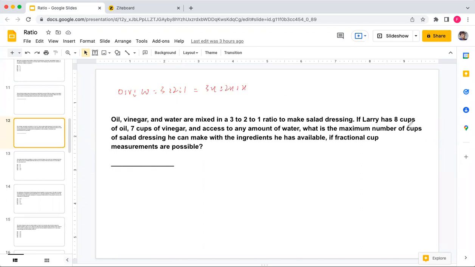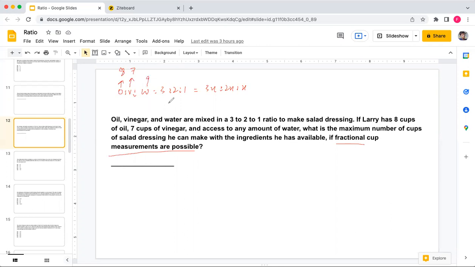If Larry has 8 cups of oil, 7 cups of vinegar, and infinite excess of water, what is the maximum number of cups of salad dressing he can make with the ingredients he has available? And remember, fraction cup measurements are possible.